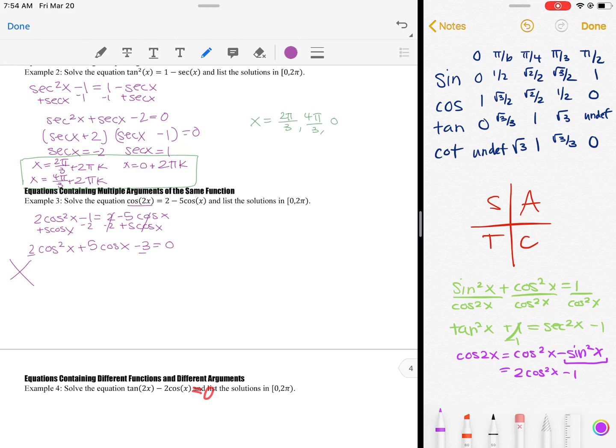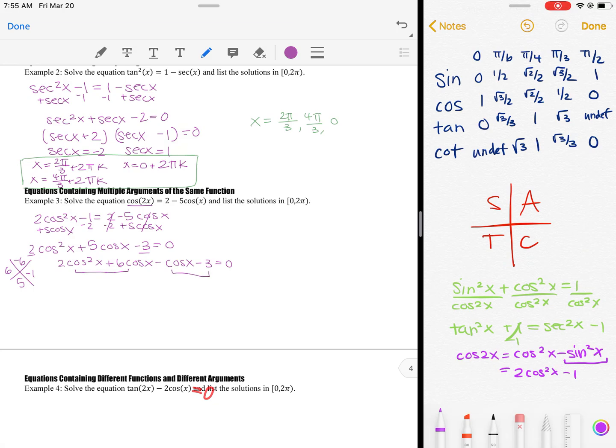Okay, this one is a little bit harder of a factoring problem, but you take the 2 and the negative 3 and you say, okay, we multiply those together, we get negative 6. So it multiplies to negative 6 and adds to 5. We get 6 and a negative 1. So then we rewrite that middle term of 5 cosine x as plus 6 cosine x minus cosine x minus 3.